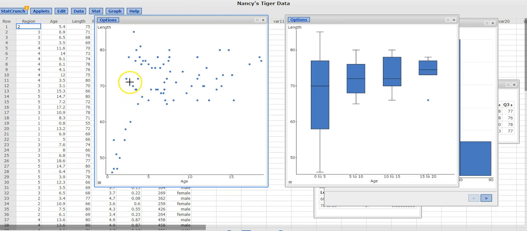What this is showing me is, again, that there's not really much relationship. I can see my younger and shorter tigers over here, but after they get to a certain age, the lengths are all kind of in the same range. It doesn't make much difference how old they are. So this would show me that there's really not much relationship between the age and the length.